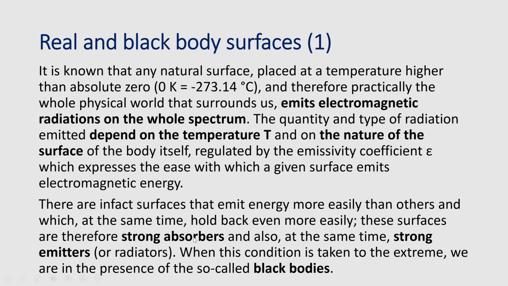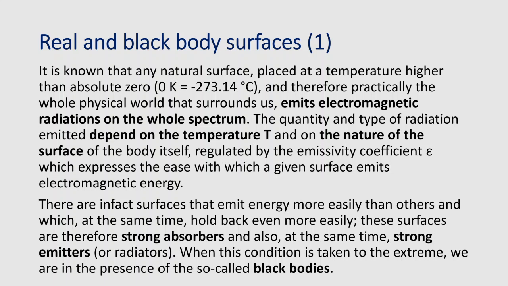So there are in fact surfaces that emit energy more easily than others, and which at the same time hold back radiation even more easily. These surfaces are therefore strong absorbers, and at the same time very strong emitters or radiators. The surface of the body that is emitting energy is a radiator.